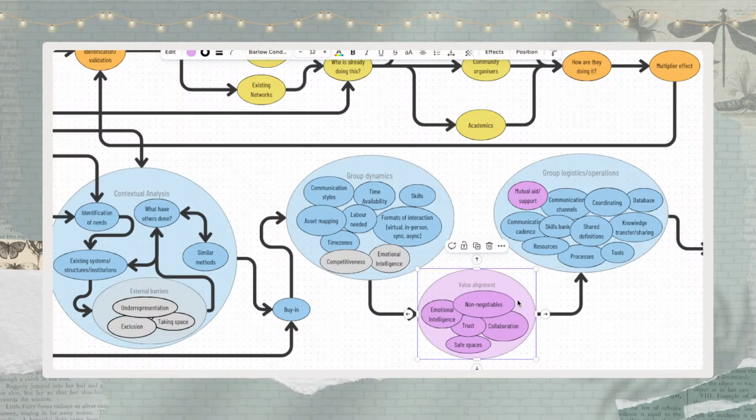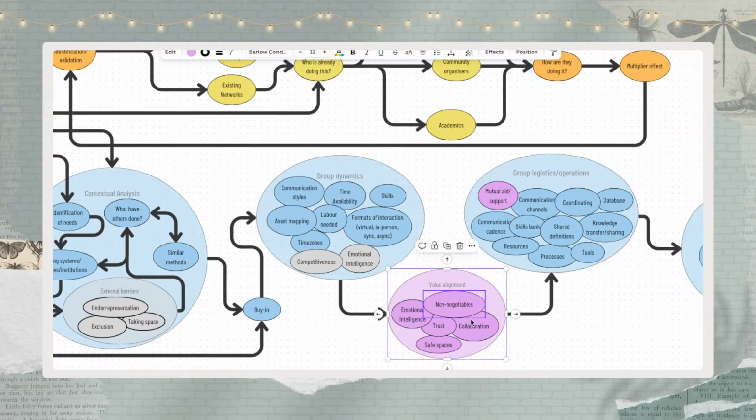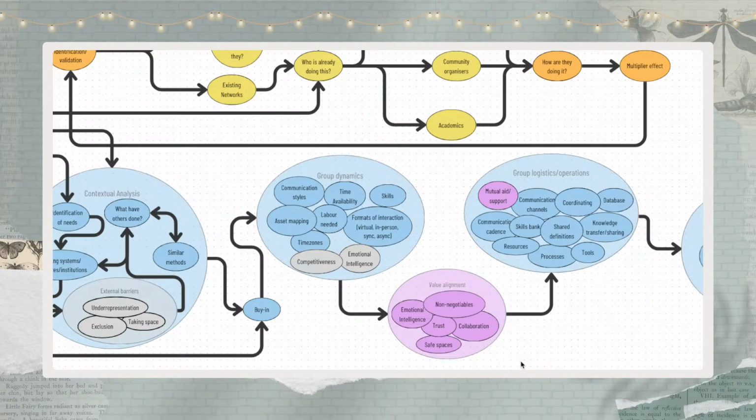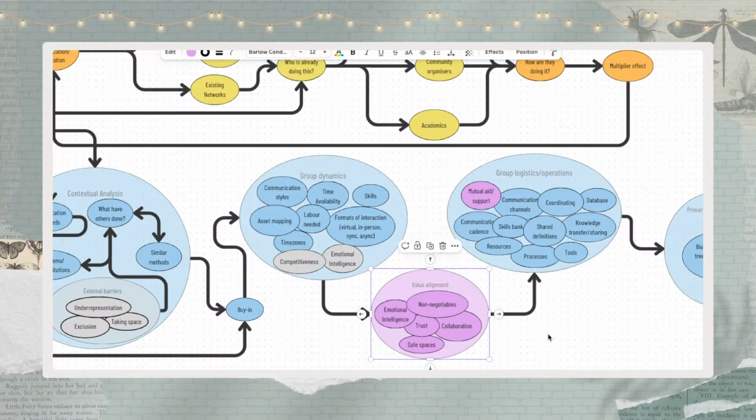So I think understanding within this group what non-negotiables are in terms of values is really important, because initially we mentioned the purple bubble was what Lizzie and I are considering as part of our values. So it's not necessarily that these are necessary to incorporate into everyone who applies this blueprint, but the idea that there needs to be some alignment in terms of values in order to be able to collaborate and work together toward that shared outcome.